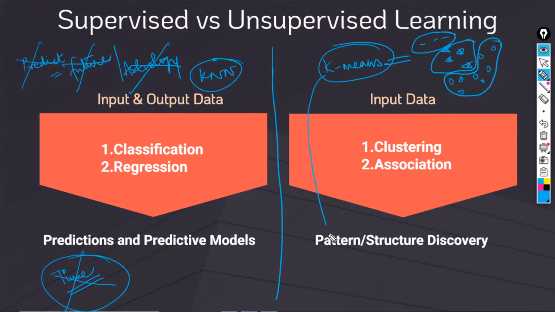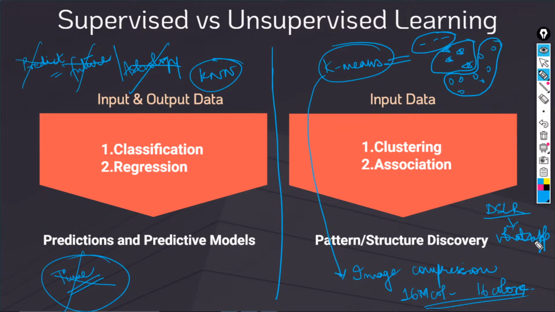K-means is used in some real time scenarios, like you could consider image compression, wherein a photo with 16 million colors can be reduced to 16 colors. Now, this is exactly what happens when we shoot a photo on a professional DSLR, and then when it's exported into WhatsApp, we see that a photo of 20 MB is reduced to 500 KB, or a very minimal size.